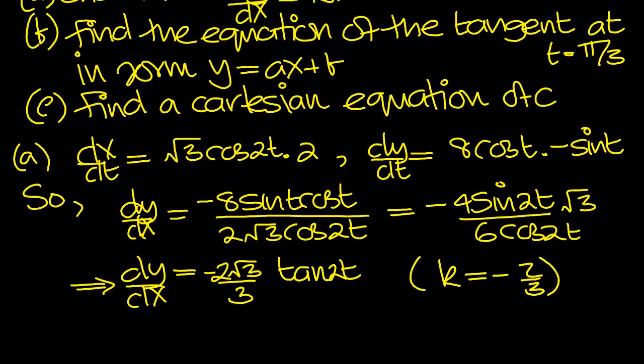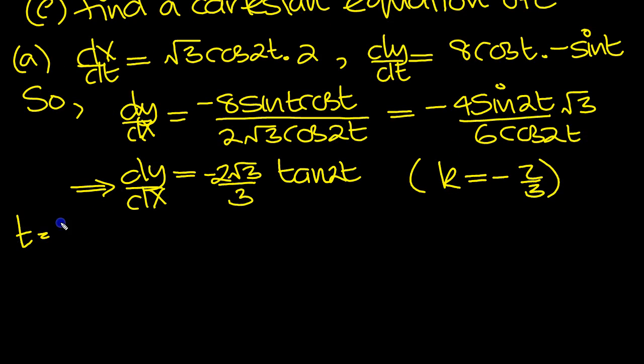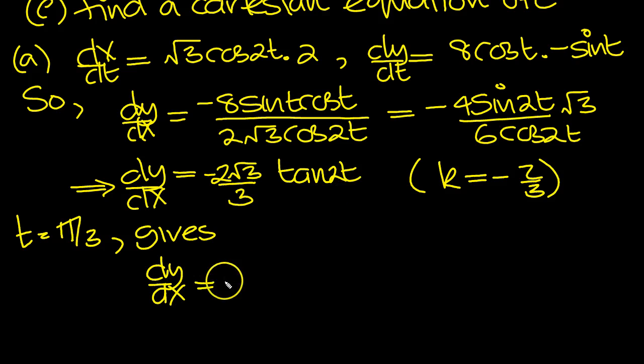Find the equation of the tangent at t equals pi over 3 then. T equals pi over 3 gives, well, the first thing is dy/dx. Pi over 3 in here would be minus 2 root 3 over 3, and tan of 2 pi over 3, 2 lots of pi over 3.